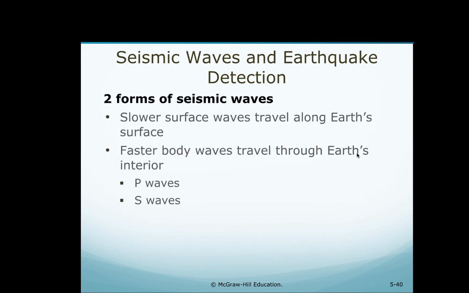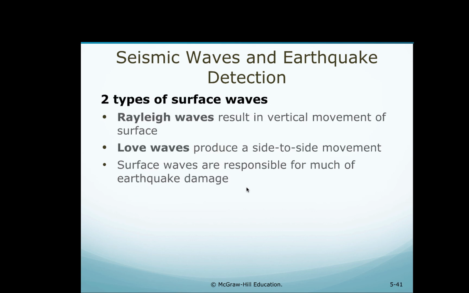There are two forms of seismic waves, P waves and S waves. There are slower surface waves that travel along Earth's surface, and there are faster body waves that travel through Earth's interior. There are two types of surface waves, Rayleigh and Love waves.